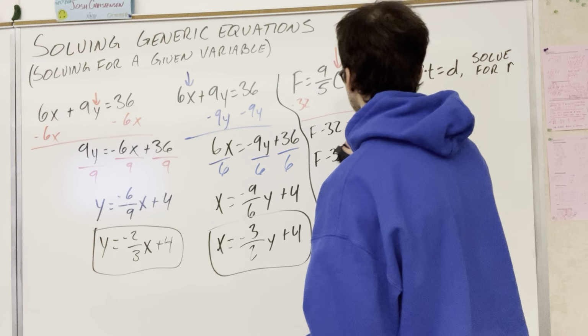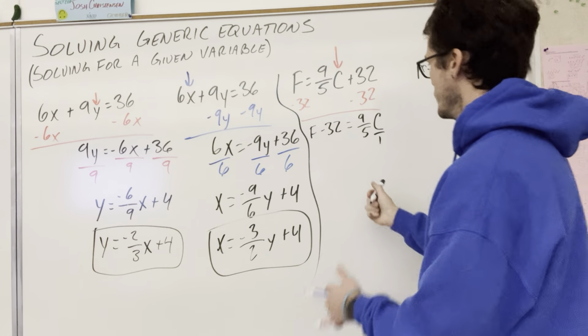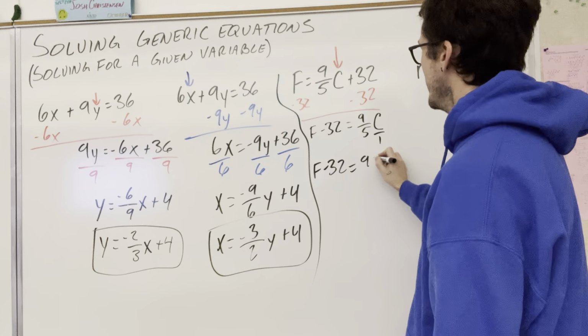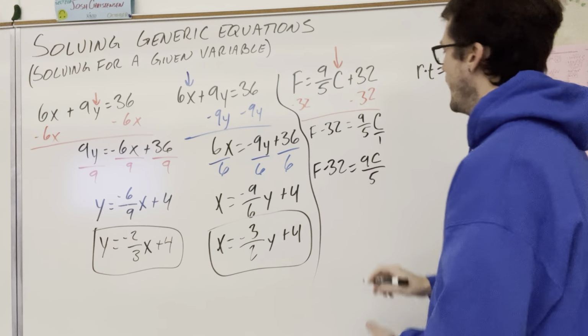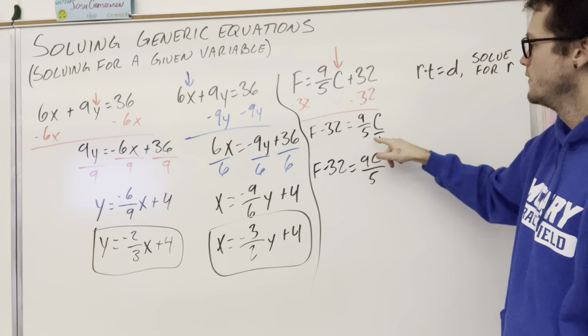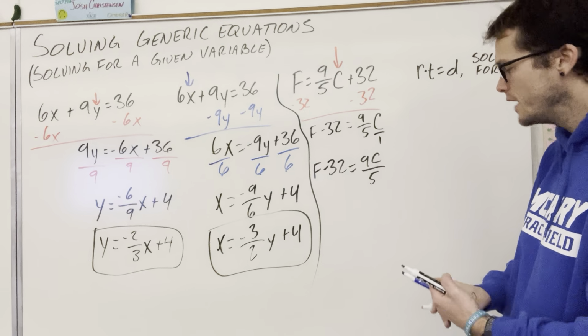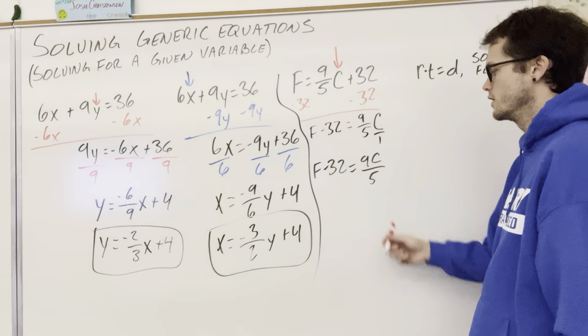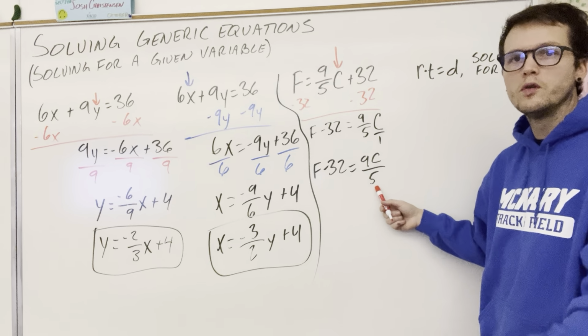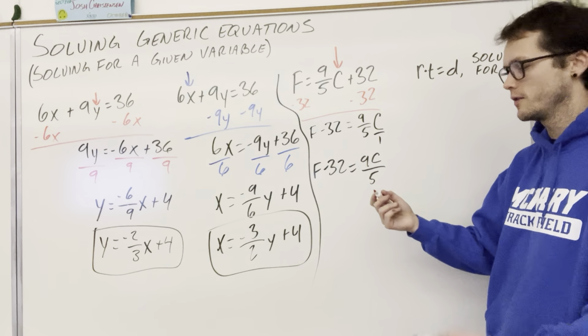I'm getting too smushed here. Let's give it a little more space. F minus 32 equals 9C over 5. I just multiplied these two fractions. 9 times C is 9C, 5 times 1 is 5. And what that's going to do is make this next move a little bit simpler. I'm going to multiply both sides by this denominator, because when we multiply both sides by the denominator, it gets rid of the fraction.